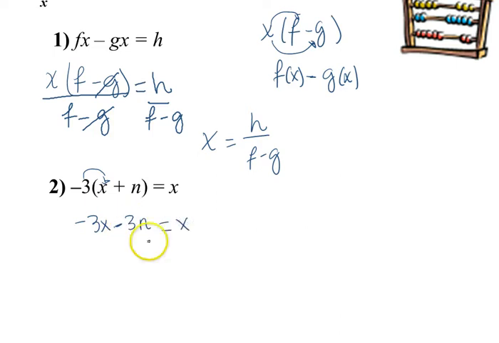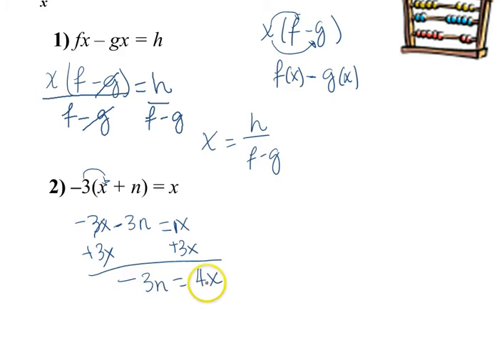is equal to x. Now let's go ahead and move those negative 3x's to be over there. So since this is negative 3x, we need to add 3x. And then we have negative 3n is equal to, again, this is a 1 in front of this x, so that would be 4x.